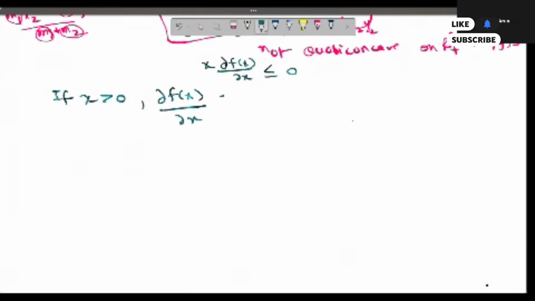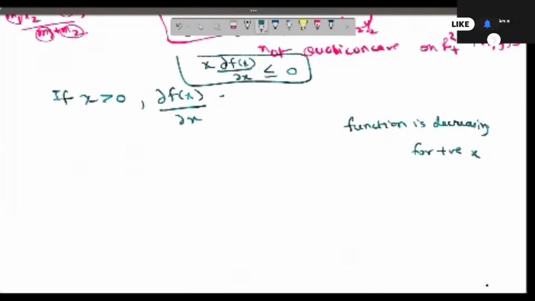The function is decreasing for positive x. This is what the question is saying, right? Because this is the given condition: the slope and its product with x is lesser than 0.